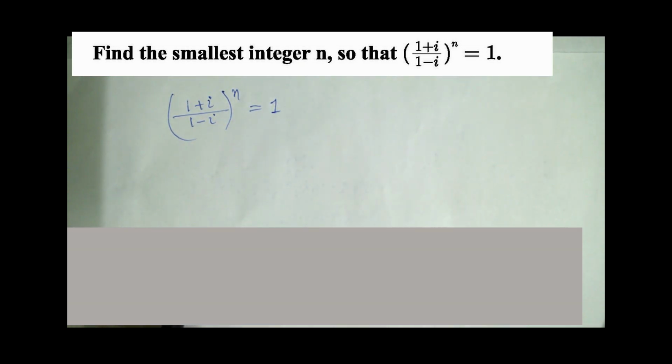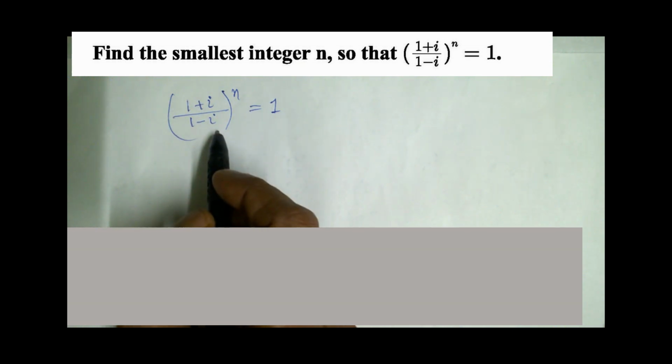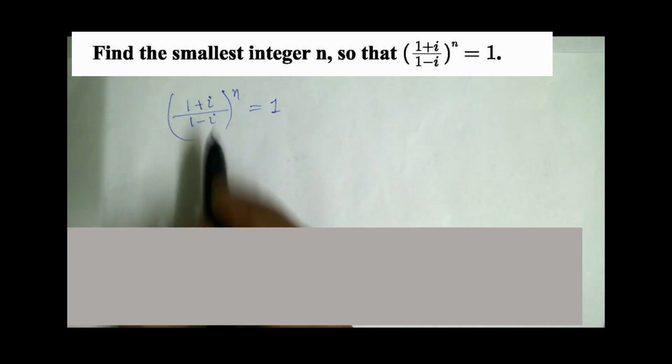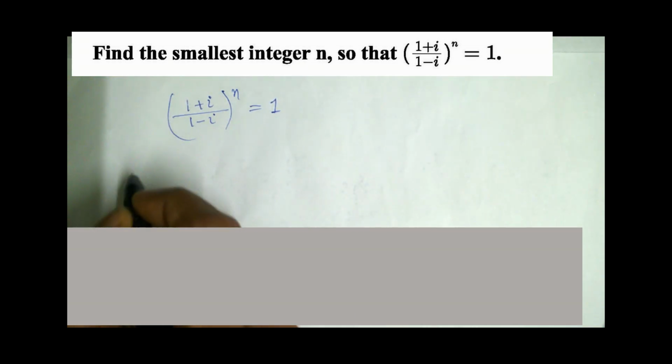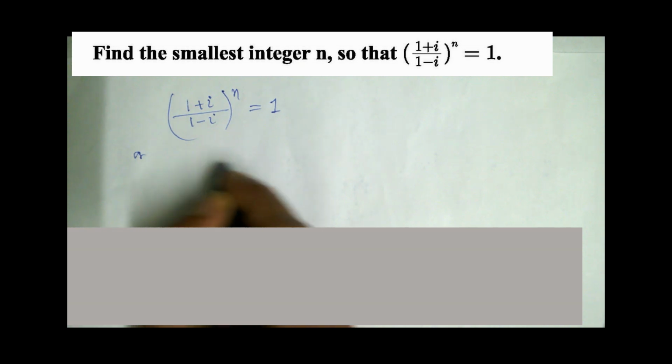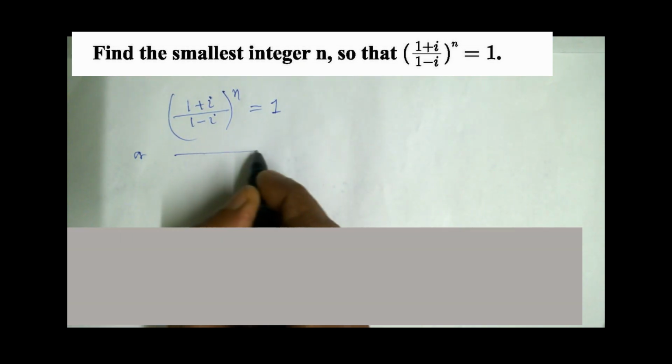To do this, first rationalize the denominator of the expression within the bracket, because we have to simplify this. To rationalize the denominator, what should be done?